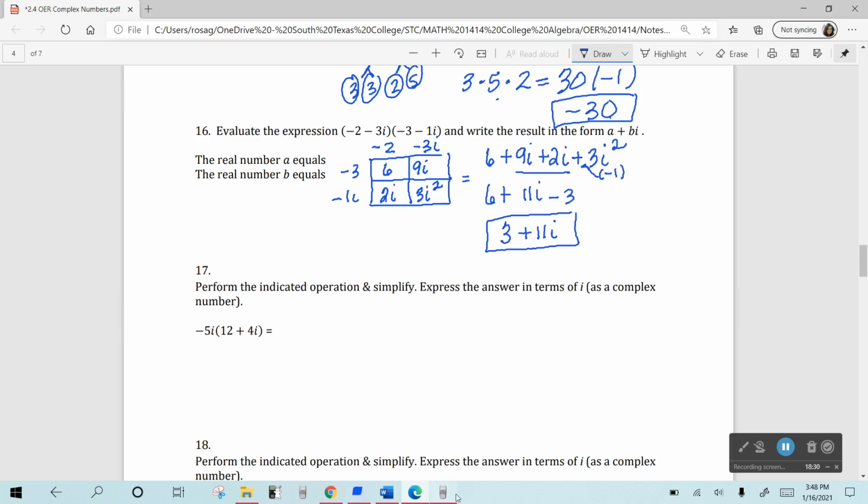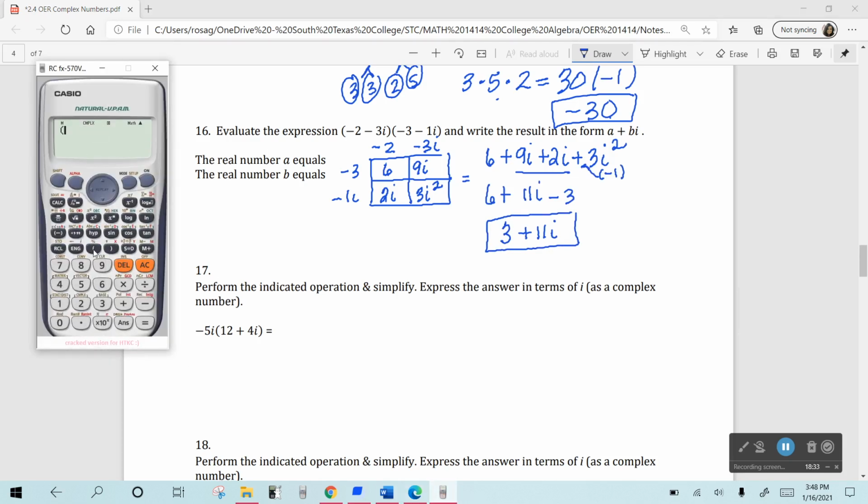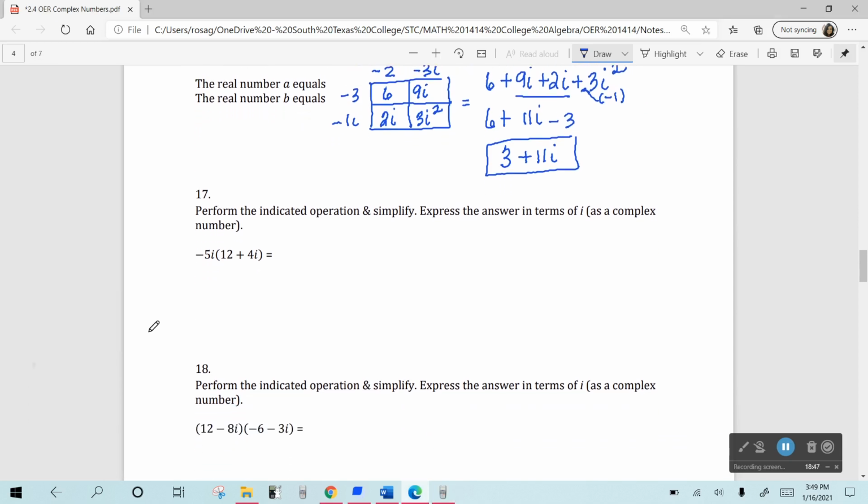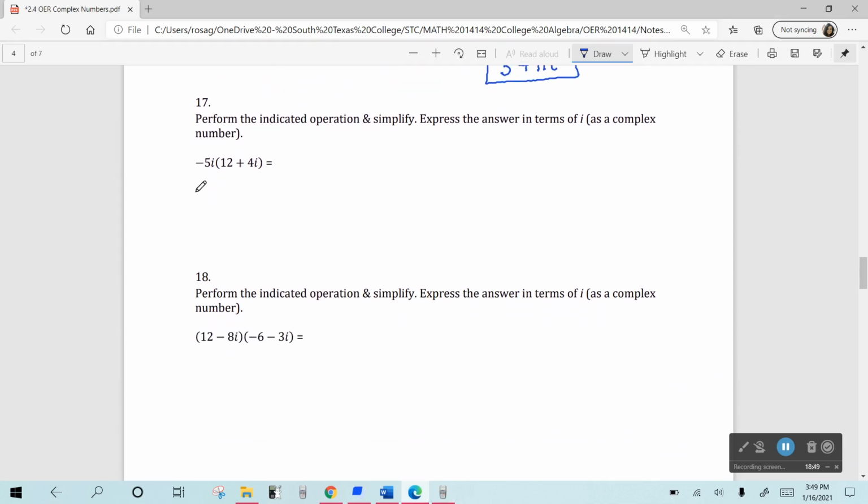And I'm going to get the calculator and check that I did it correct. This one is one where you just have one number, so you don't have to do the box, you just multiply them like this.